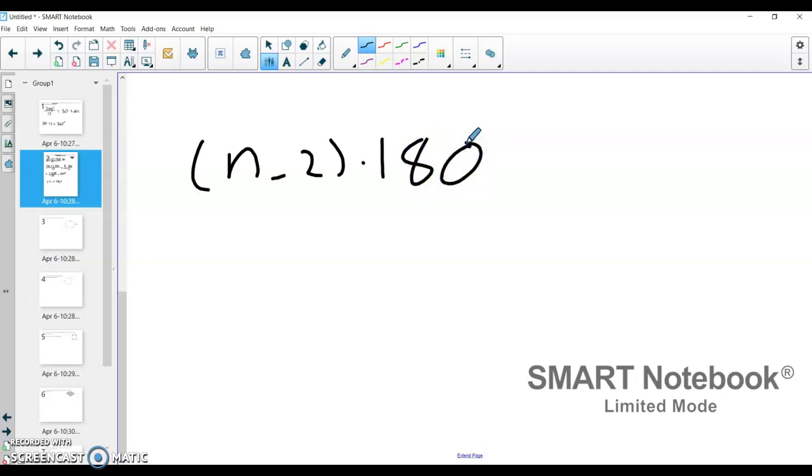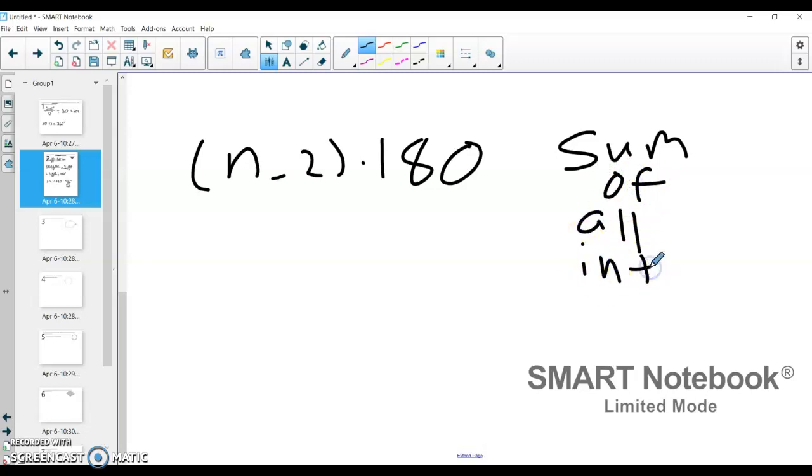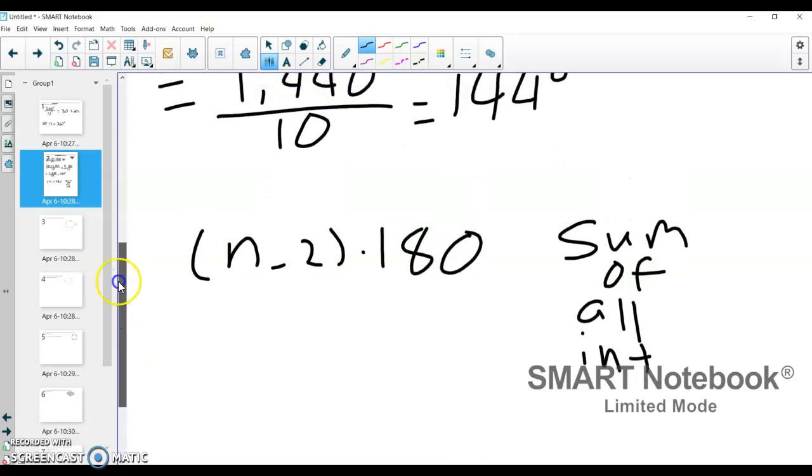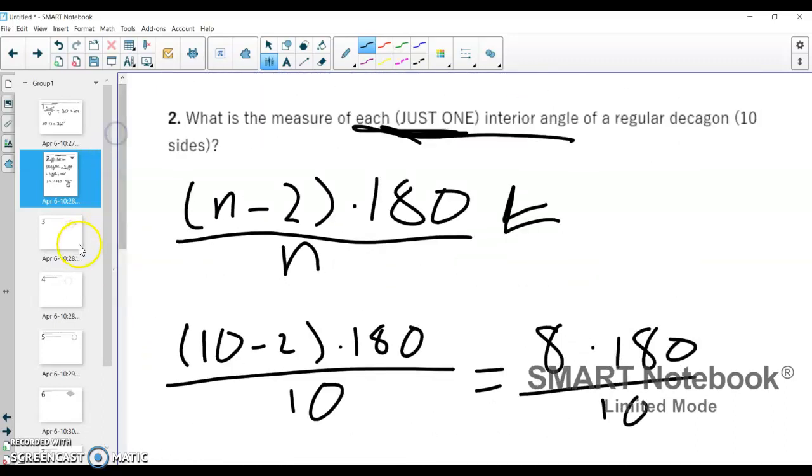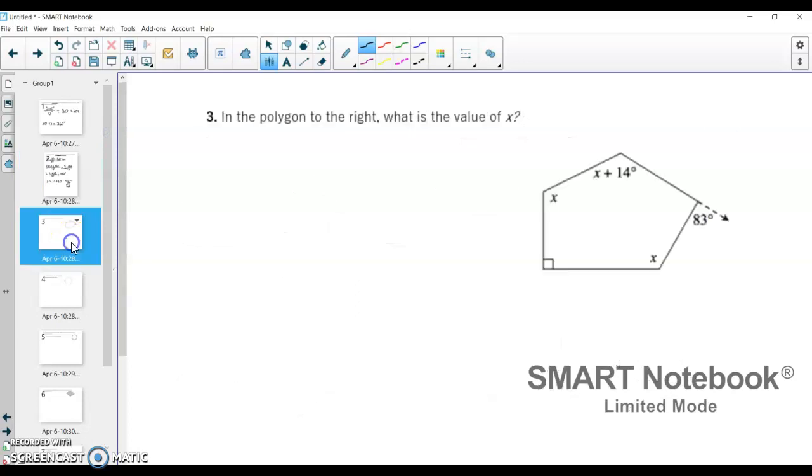That's the equation for the sum of all interior angles. But for this problem, we just wanted to find one, so this is the equation we used, and we come up with 144 degrees.